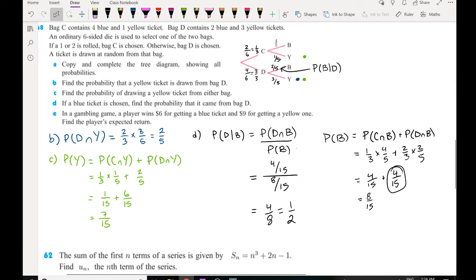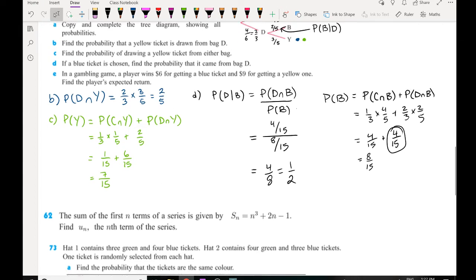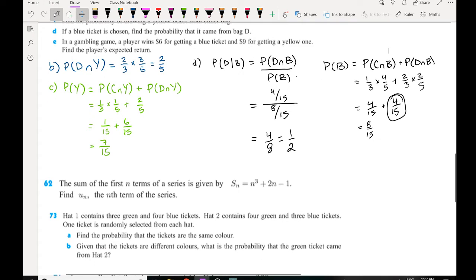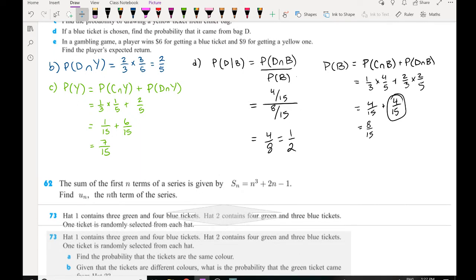Actually, maybe let me type in the chat just so I can get a quicker response. Oh, okay. So Jake was good with E, so we're going to move on.